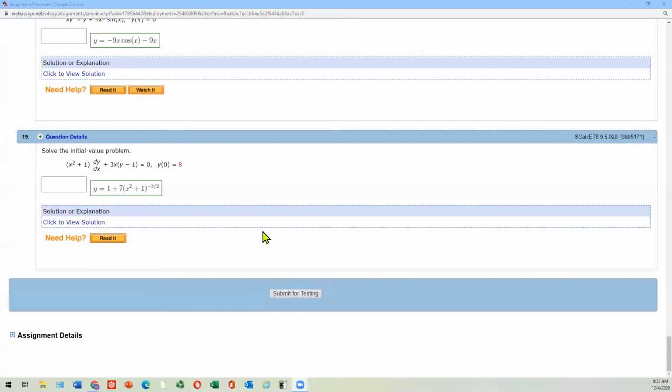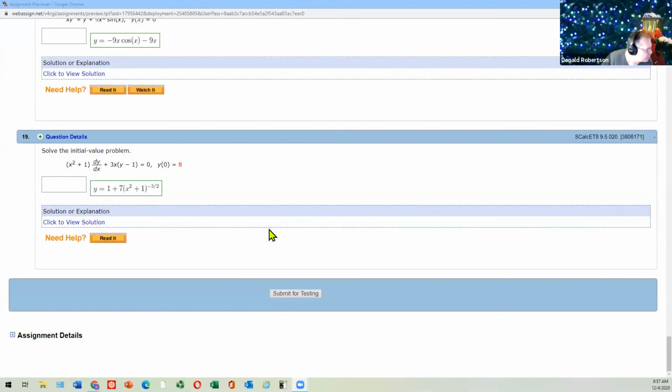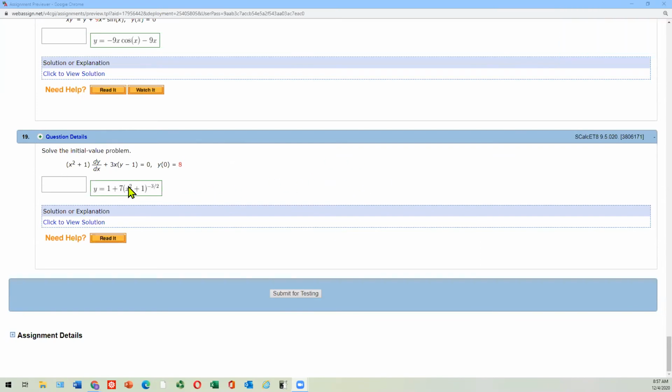Okay, so the question is a linear differential equation. It's got that weird y minus 1 in it. I don't have a weird y minus 1 in mine. This is my 19. Yeah, there it is, by the 3x. I'm not really sure what to do with that.